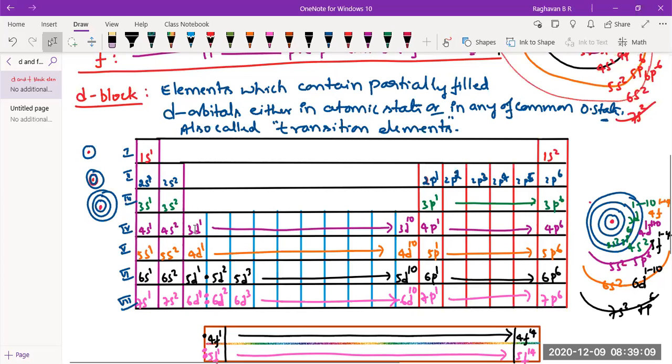If 3d has to be filled, that atom must have 4 shells because 3d fills after 4s. An atom having 4 shells belongs to the fourth period. So the first 3 periods, first, second, third, don't have D block elements at all. So what do? We'll remove this line.